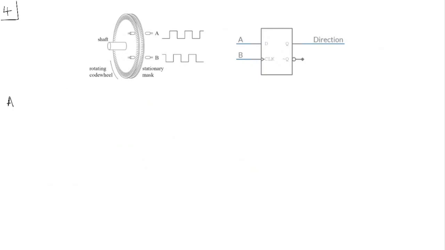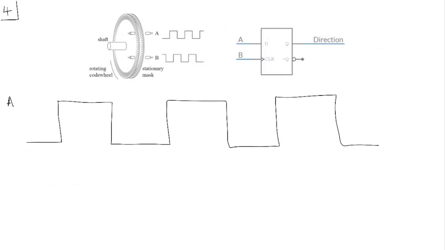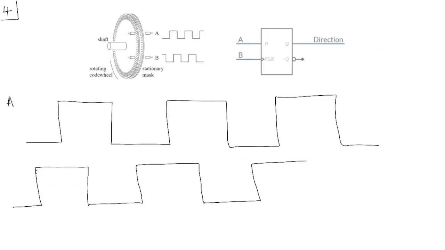There you go, and now I can draw the A. So my A is like this. And my B is leading instead of lagging behind A. First B becomes high, and then A becomes high. So that's how my signal is going to look.